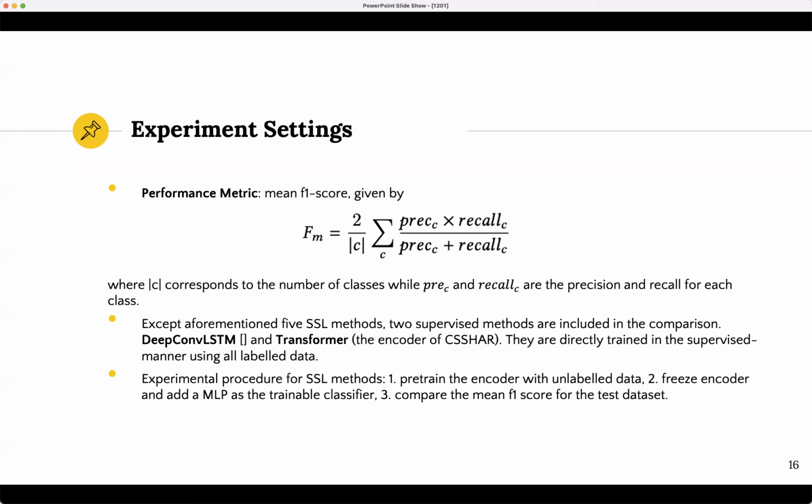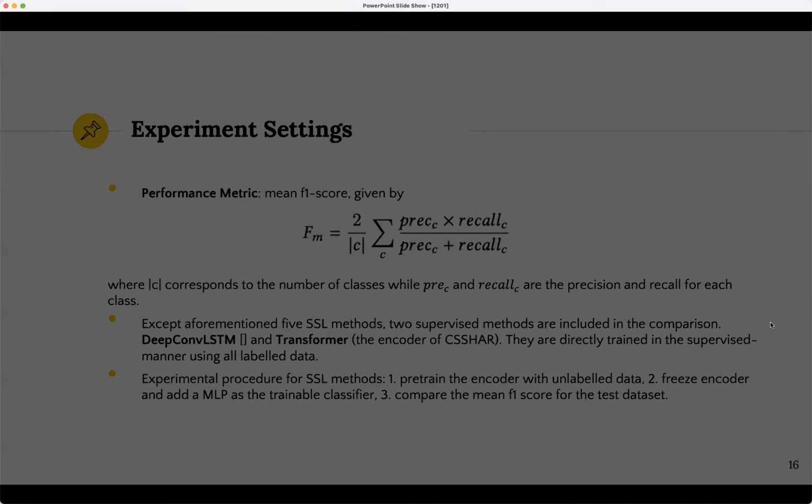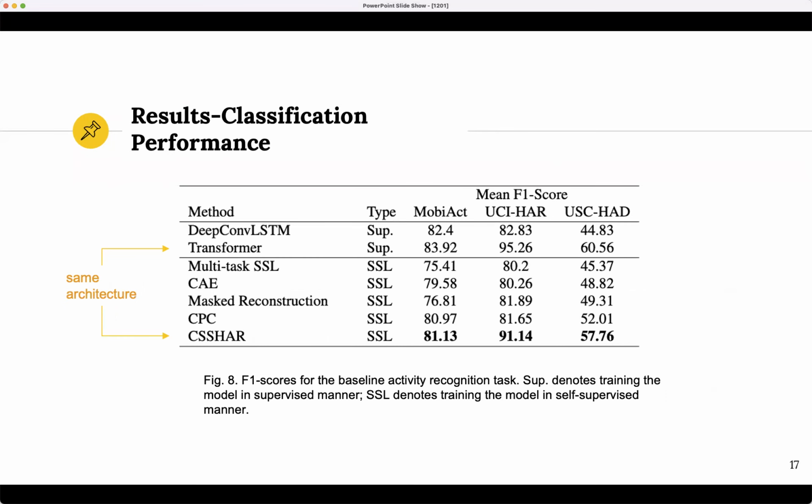And finally, we compare the mean F1 score on the test dataset. We can see here the results for the classification performance.